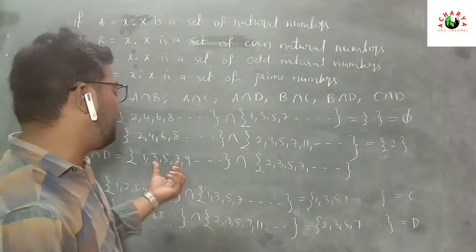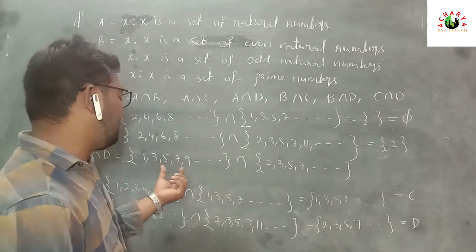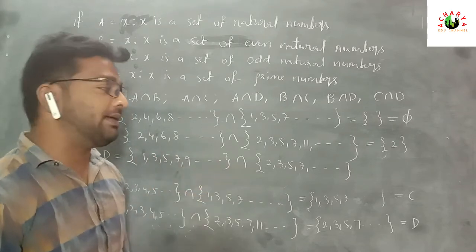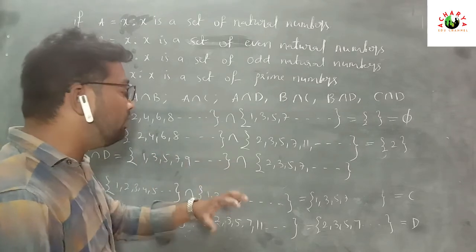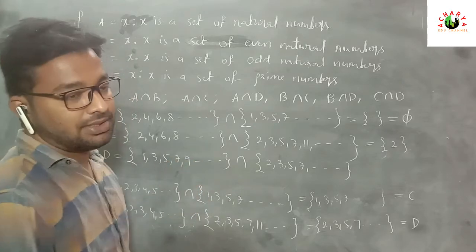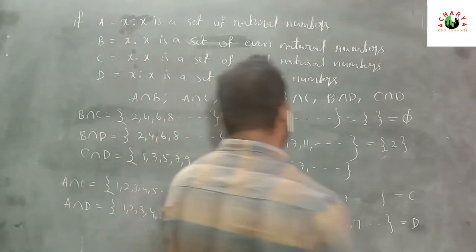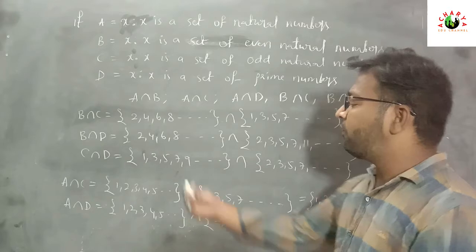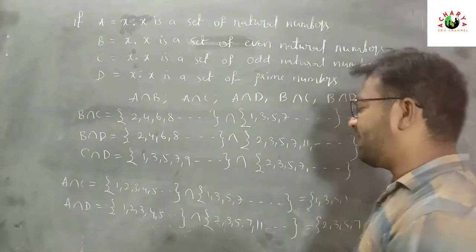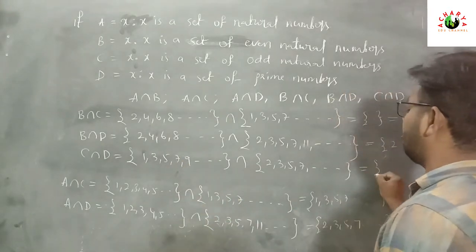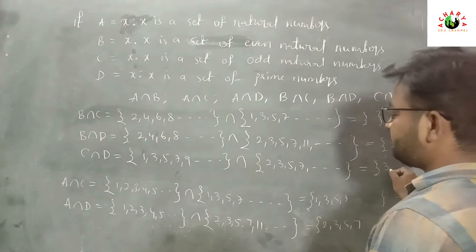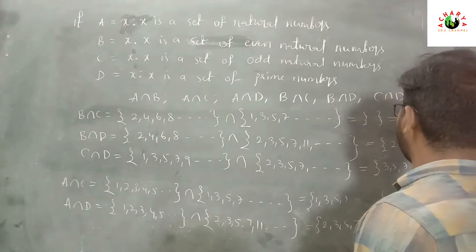All the prime numbers except 2 are common with the odd natural numbers. So that is equal to 3, 5, 7, and so on.